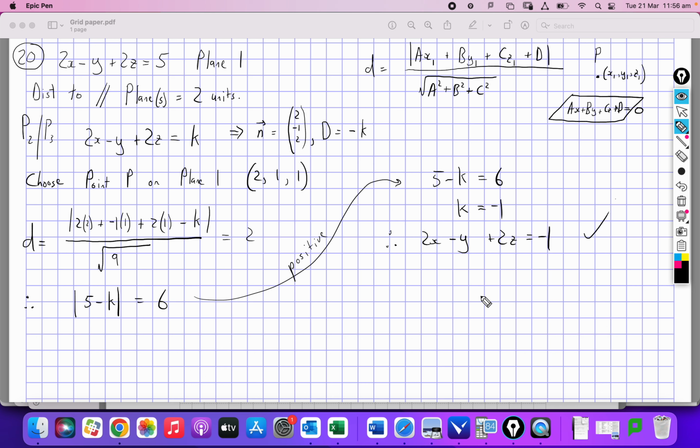So there's one solution. But if the 5 minus k was negative, then what you would do is you'd take your 5 minus k and times the whole thing by minus 1. So it's negative inside here, but you make it positive by timesing the answer by minus 1.